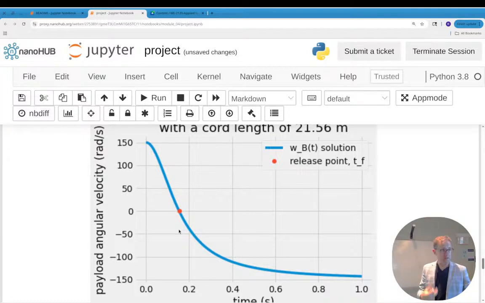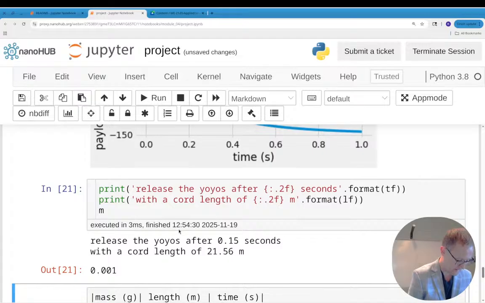Sometimes that's a good thing because that means there's less variability. Because whether it took 0.15 or 0.16, the slope was pretty shallow, so it should be about right. Same thing for the length of the cord.